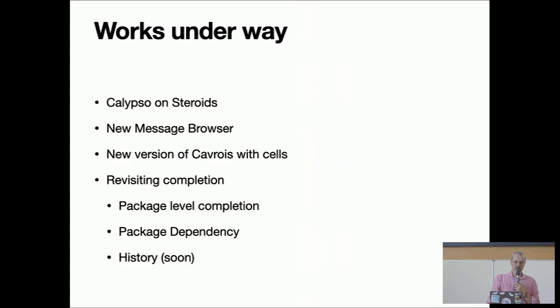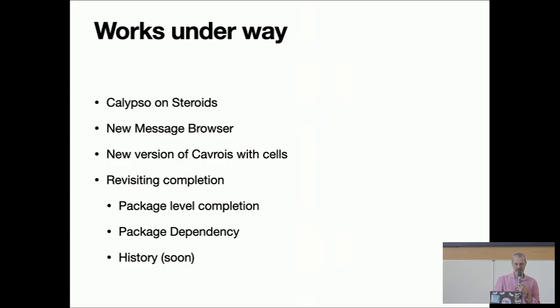We are revisiting the completion because in fact there is a cool framework for completion in Pharo. You can compose heuristics. So when you complete something, the system knows, oh, this is a method that is in this class, and then I should pay attention and follow the inheritance and all these kinds of things.